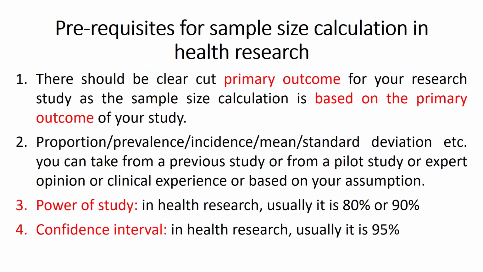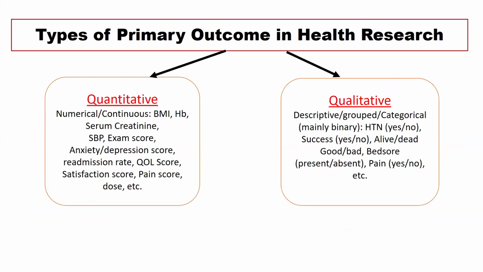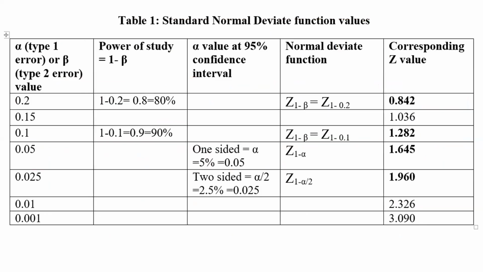So these are the prerequisites. For the primary outcome, we need proportion, prevalence, incidence, mean, standard deviation from a previous study, pilot study, expert opinion, clinical experience, etc. Power of study 80-90%, confidence interval 95%. For this type of quantitative and qualitative outcome, this is the most popular table.